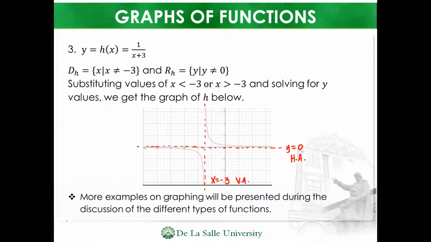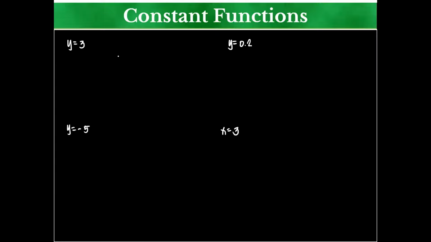Okay, so constant functions, this is a review. You don't need to copy because I'm writing anyway. I'm sorry. If I were to draw this, let's just say this is the x and y axis. y equals 3 would be somewhere here. I'll be asking you for domain and range.